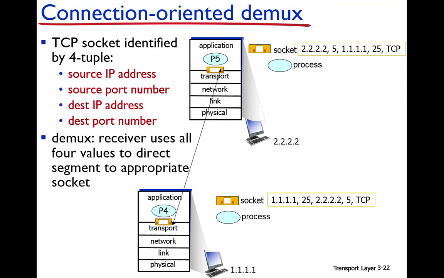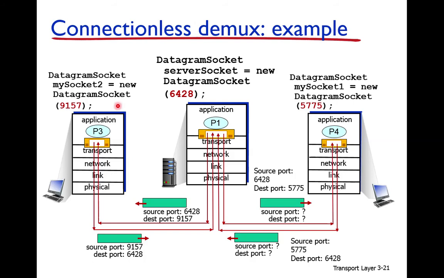And the UDP, when it receives the data at the transport layer and wants to give the data to the application, to the socket, was using only the destination port number. It was using only one tuple, the destination port number.